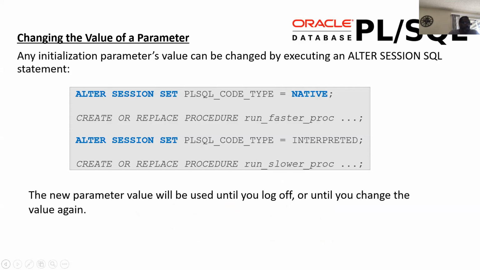All right, so you can actually change these parameters with a PL/SQL command or statement as shown in the code block here. Basically, it's ALTER SESSION SET, the name of the parameter, equal to, and then the value.